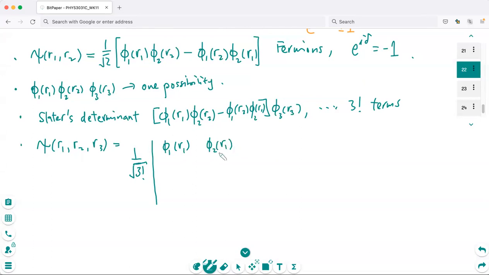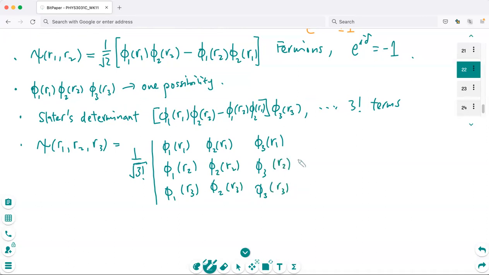So I have 1, 2, 3, and then I have 1, 1, 1, and then R2, R3, 1, 2, 3, 2, 2, 3, 1, 2, 3. Okay. The only way to convince yourself is to really go and expand this.